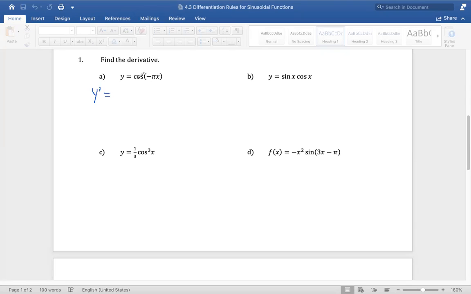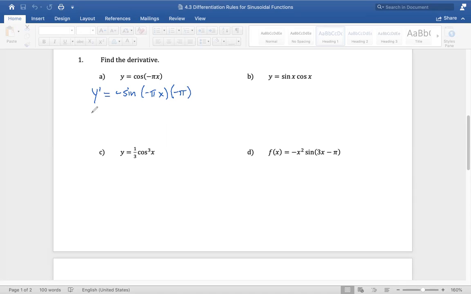So the derivative of cos is negative sine, leaving the inside the way it is, and then getting the derivative of the inside with respect to x. So that would be a 1 there, come out in front, and I would have multiplied by negative pi, x to the power of 0, right? Which just would mean that x would go away. And then it's just a matter of simplifying this. So this is a coefficient, right? Which would end up being a constant.